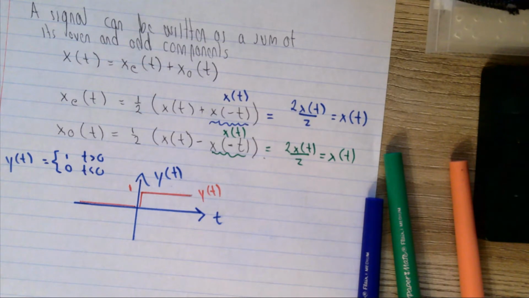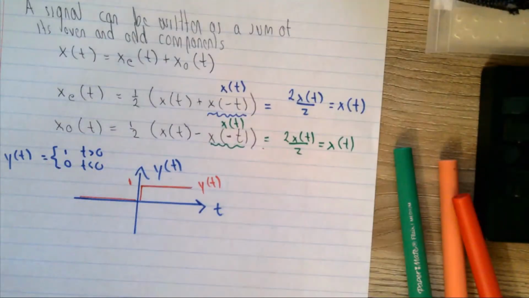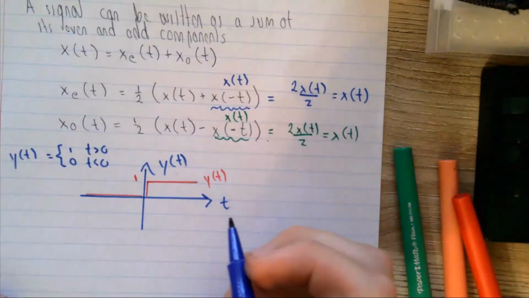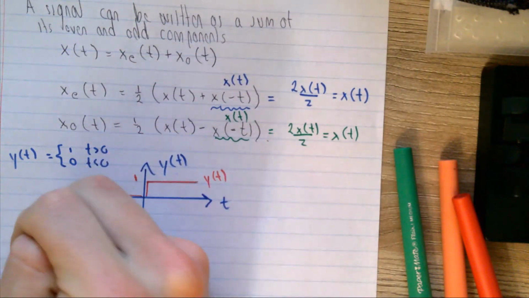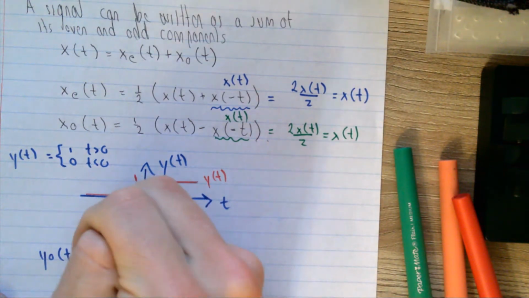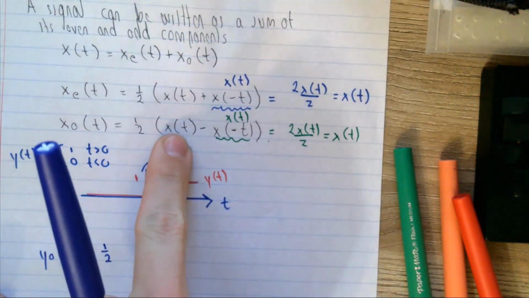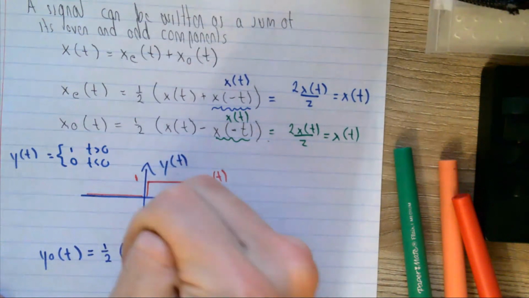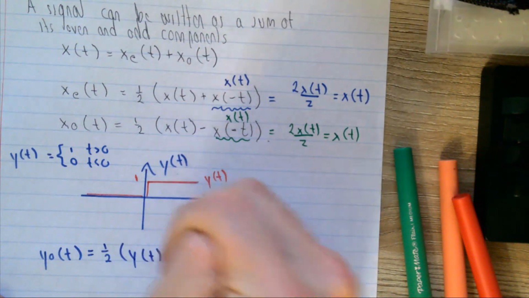And so basically, if we go back looking at our definition, the odd signal, y odd of t, is going to be equal to 1/2, just plugging it in for our odd component here, and then y of t minus y of negative t.